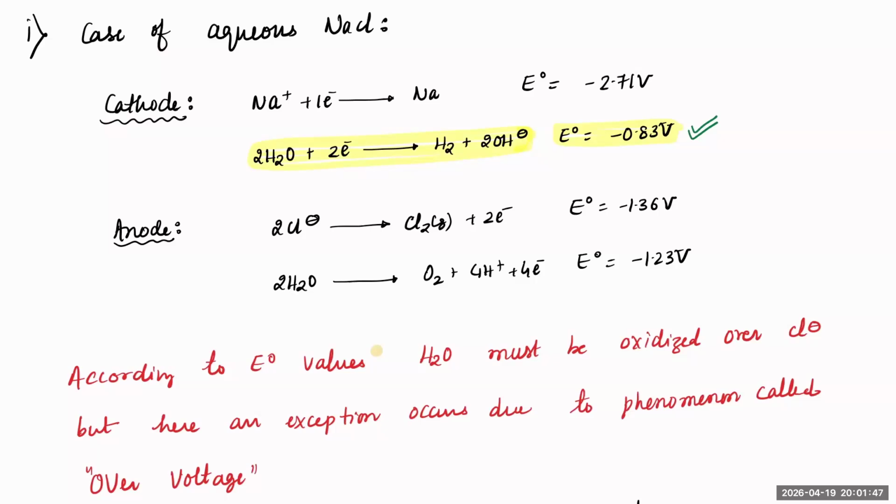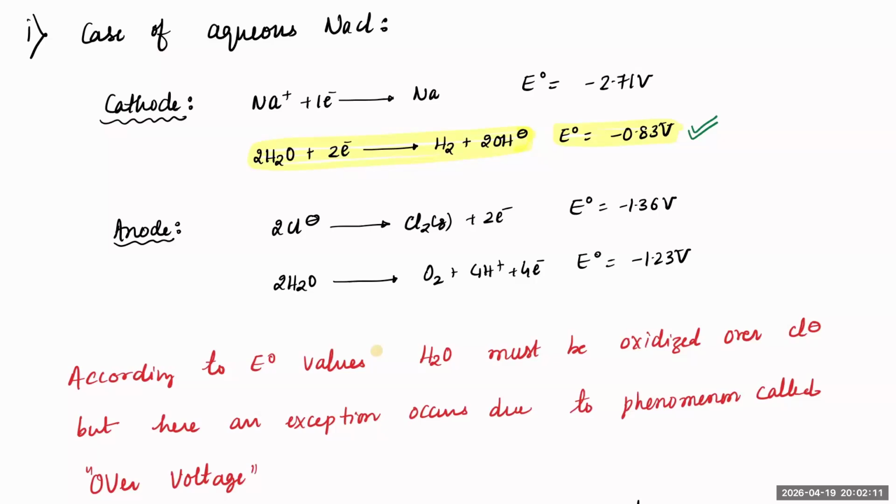All of these 10 ions, everybody, if they are in aqueous solution, we can never reduce them using electrolysis. Why? Because water will always have a much higher reduction potential, so it will always overpower the other ions.